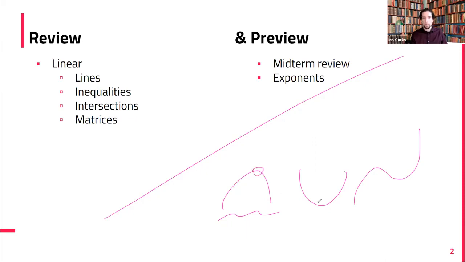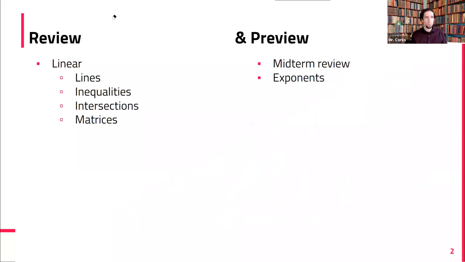How do we find the maximum or the minimum of that, or this halfway point between here and there? So those are the relationships we're going to study. Things are going to get a little more complicated than what we've been doing so far in the course. Just a heads up.